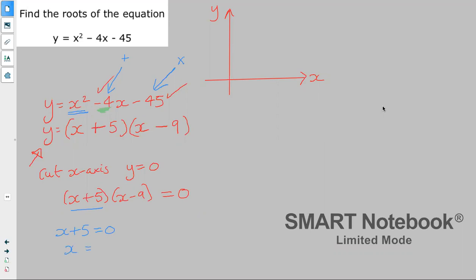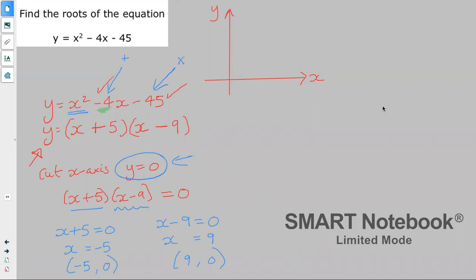So x must equal negative 5. Then the second bracket: x take away 9 equals 0, so x must equal 9. And you already substituted in y equals 0, so you know the coordinates are negative 5, 0 and 9, 0. Okay, so that should solve it.